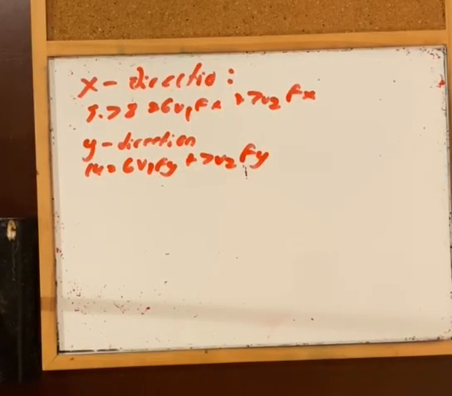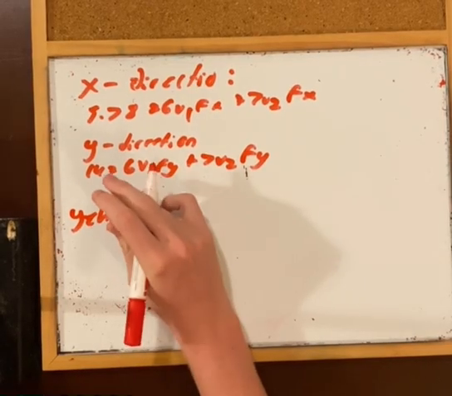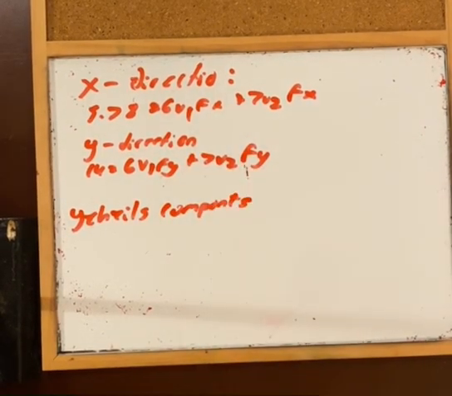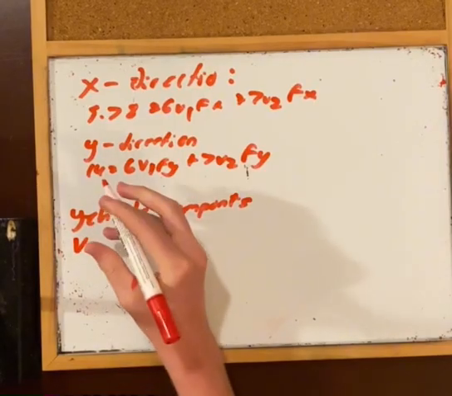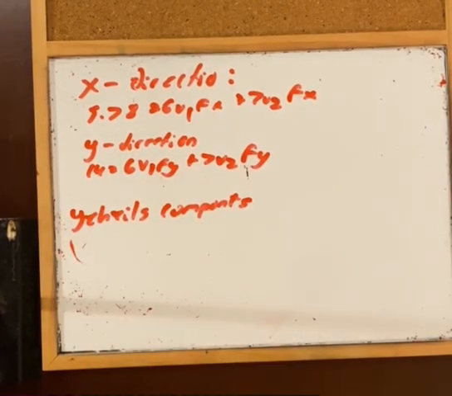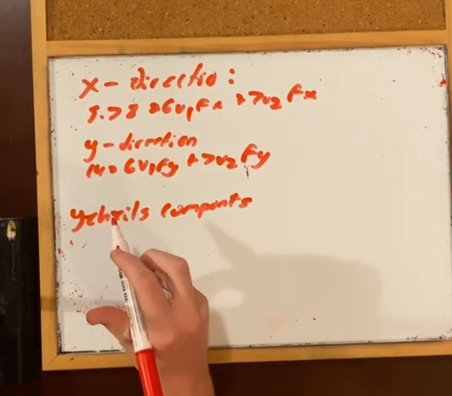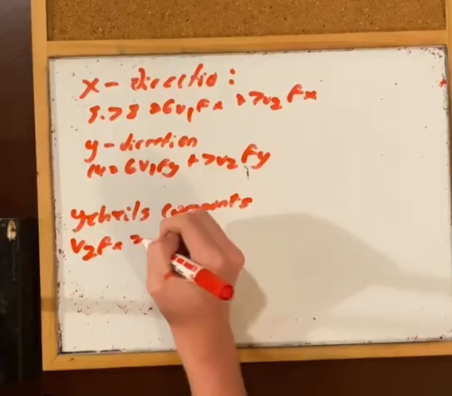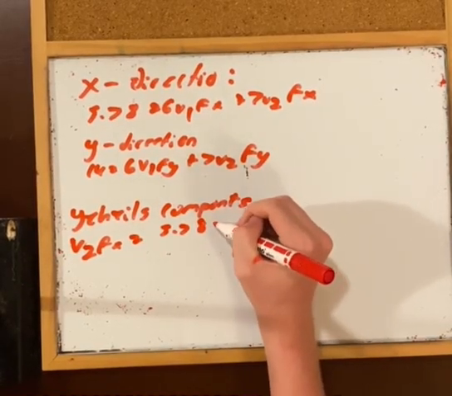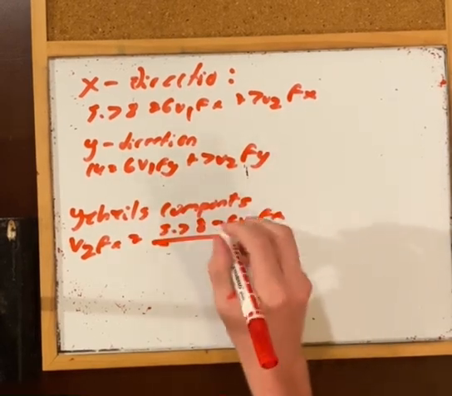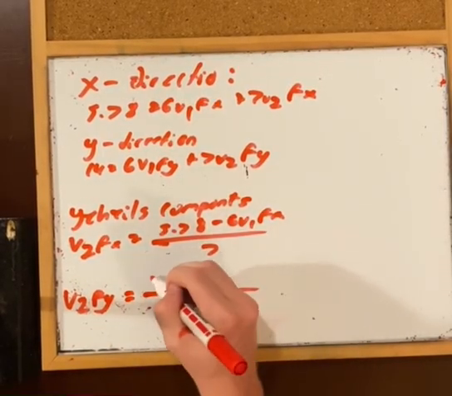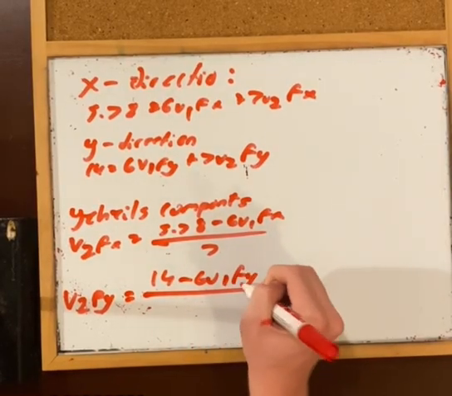So now we move on to solving for components. v2f of x equals 5.78 minus 6 v1f of x, divided by 7, and v2f of y equals 14 minus 6 v1f of y, divided by 7.